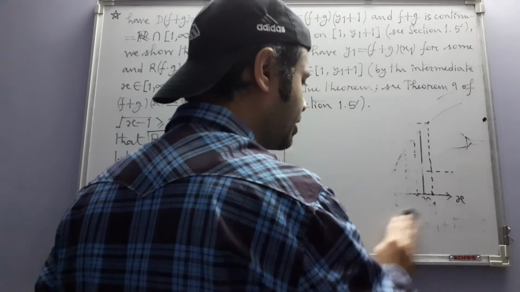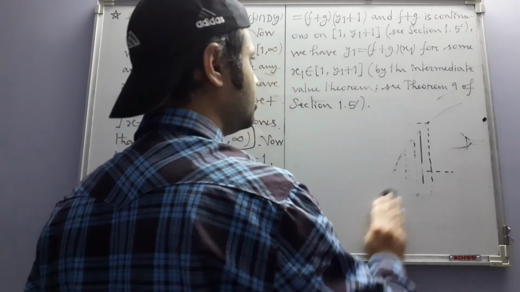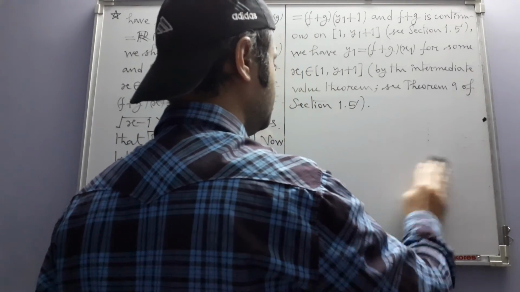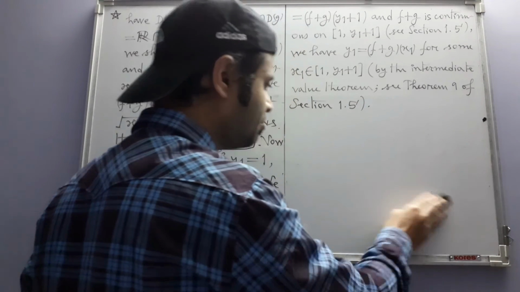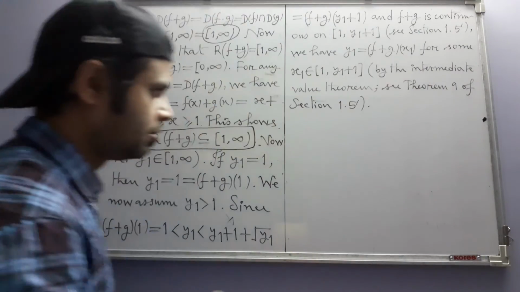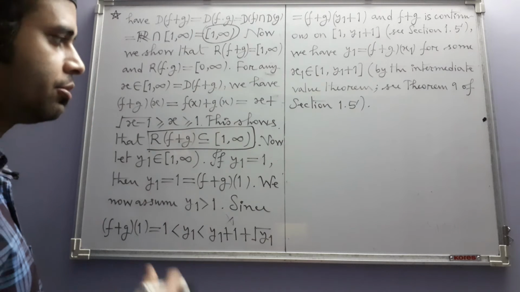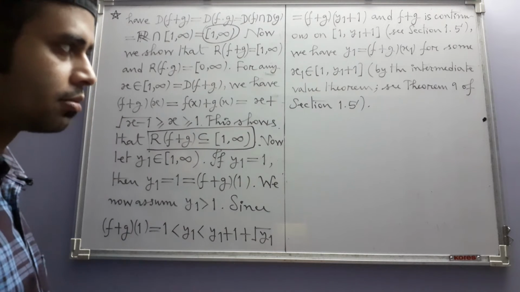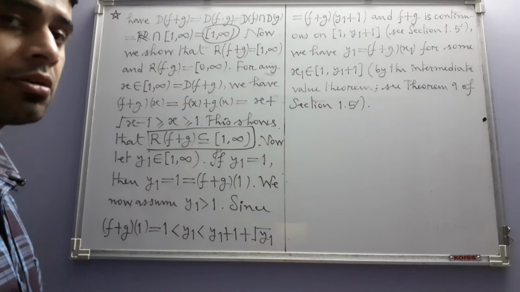There is no point in trying to understand the intermediate value theorem and its use now itself prematurely, because that's not how things should proceed. I mean, we should only take one step at a time. We should not go ahead of ourselves.